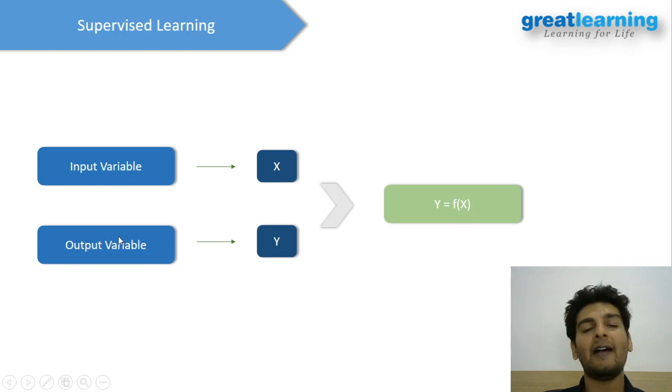Or in other words, we have a dependent variable and an independent variable. The output variable is also known as the dependent variable and the input variable is also known as the independent variable, and we are trying to determine how a dependent variable would change with respect to an independent variable. And this is the underlying concept of supervised learning.